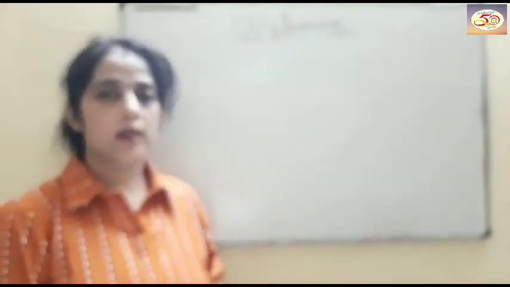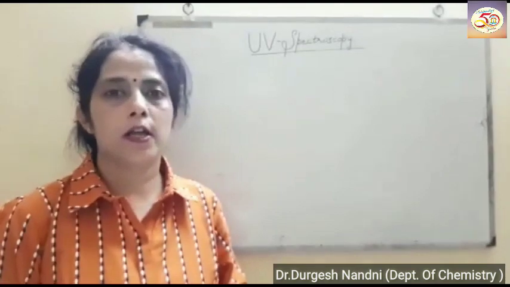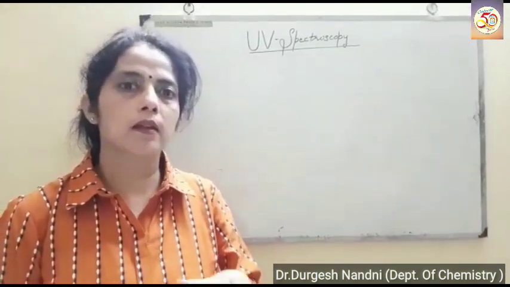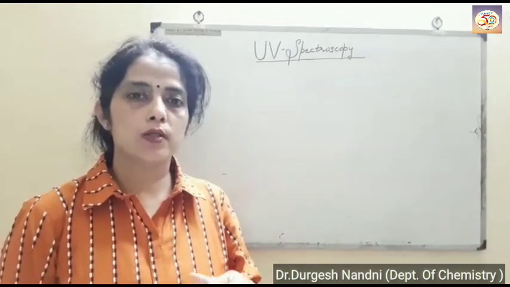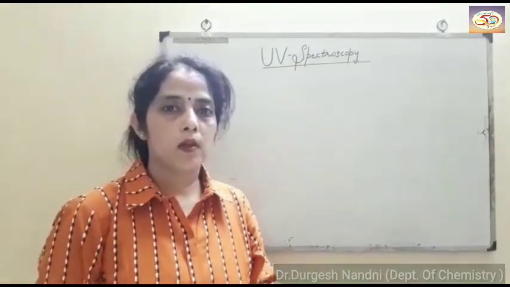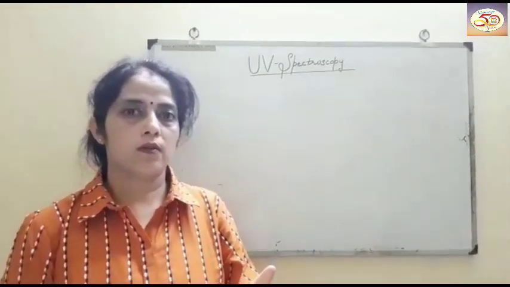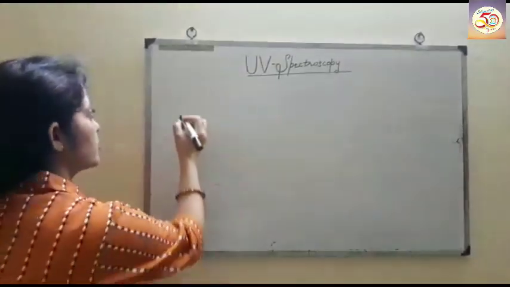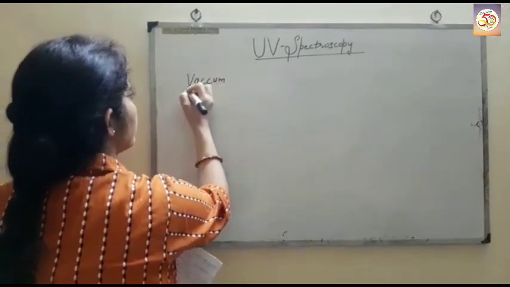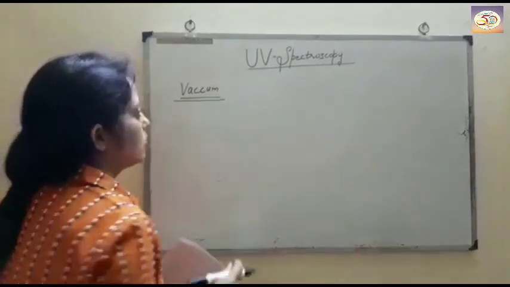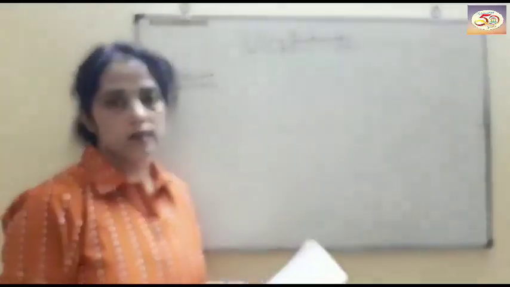As I have said, below 200 nanometer, oxygen gas and nitrogen gas start absorbing. It means if we want to study the sample below 200 nanometer, then we have to use the vacuum region. It means we have to create an evacuated system.